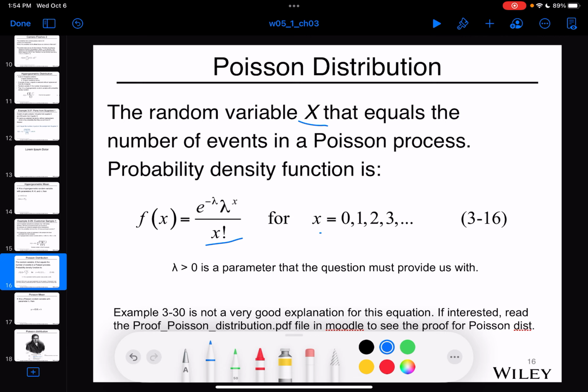So what processes are Poisson? Many processes that deal with counting. For example, the number of customers that enter Tim Hortons in a certain amount of time, right?